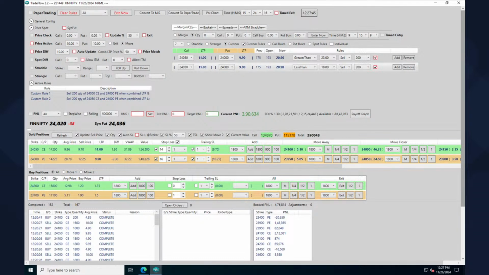All right, the price is actually now below 21, which is good news. The combined premium rather, not price, sorry.